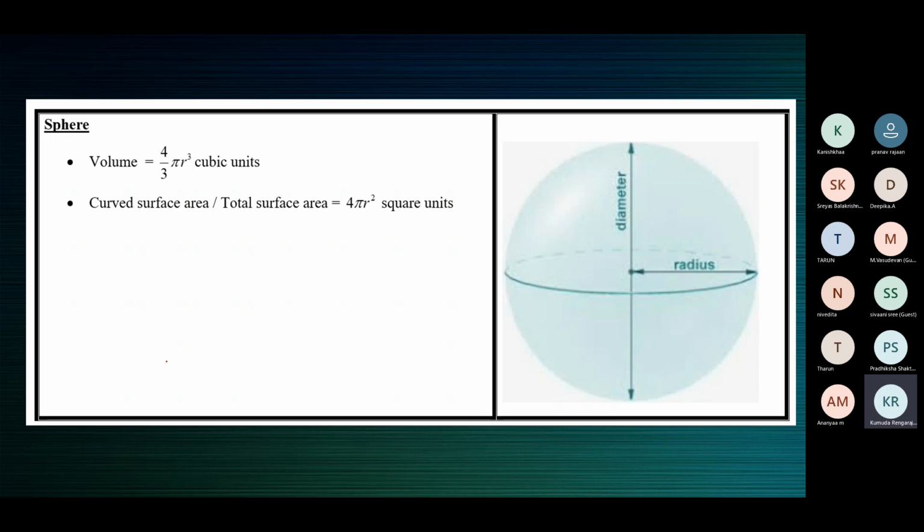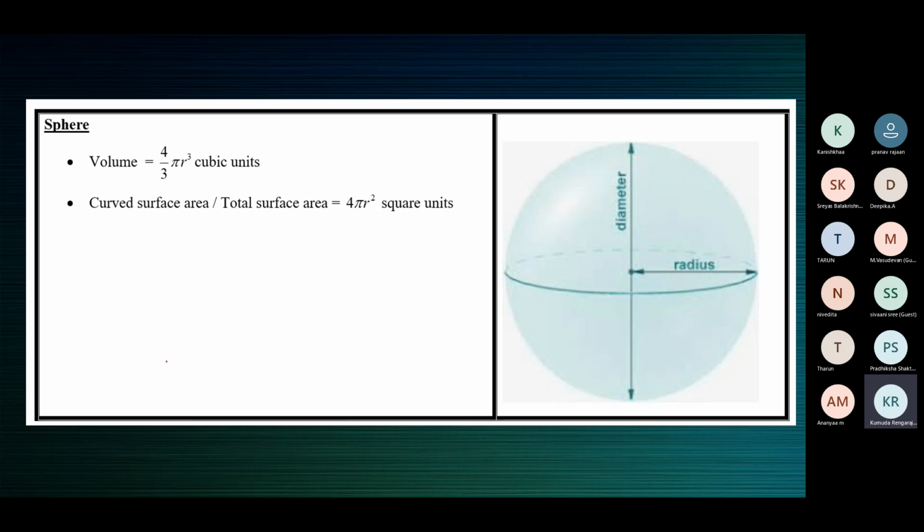The entire thing is surface area. So whether it is curved or total, it's the same in the case of a sphere. Total surface area and curved surface area are both the same. You cannot differentiate between CSA and TSA.